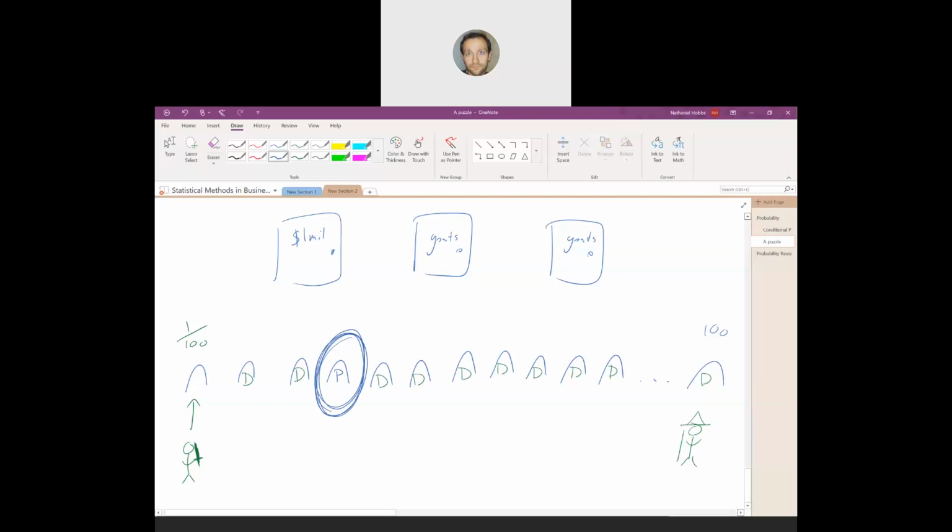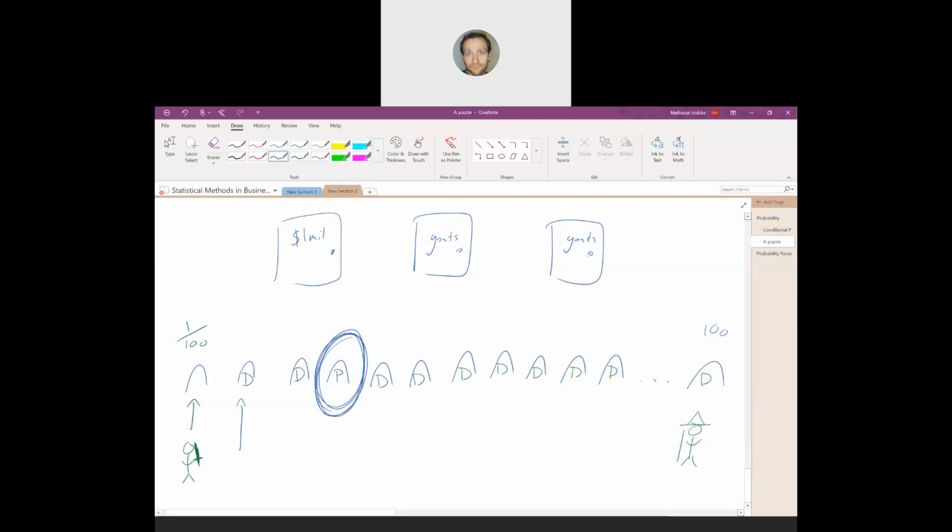So the wizard, 99 times out of 100, will leave the princess behind the remaining cave, because he can't reveal a dragon in it because there's not one there. In which case, 99 times out of 100, in this first case, it makes sense to change.